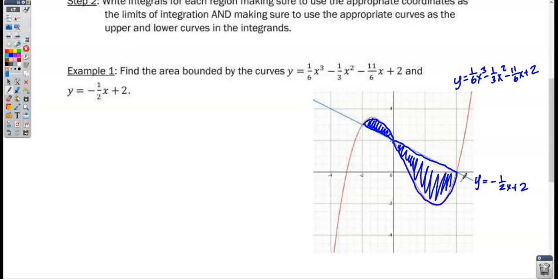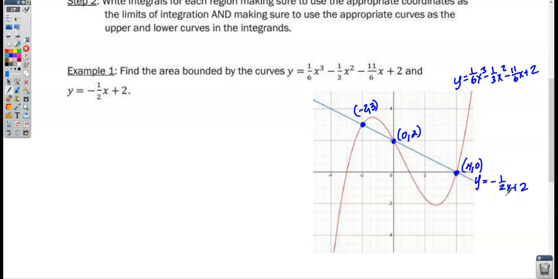Alright, so I'm going to erase that shading so that we can see a little bit more clearly. And what I have here is three intersection points for these curves. I have this point right here, which is the point -2, 3. I have this point right here, which is the point 0, 2. And I have this point right here, which is the point 4, 0.